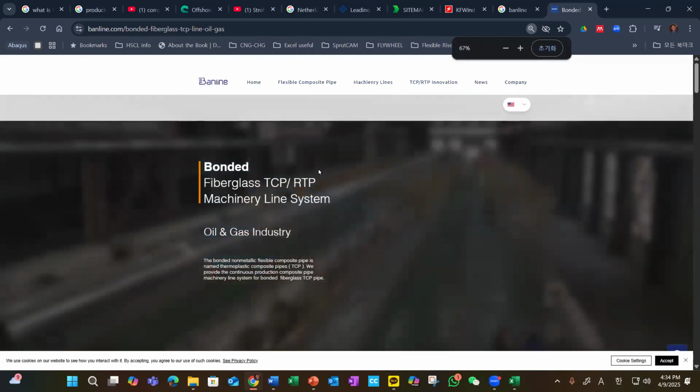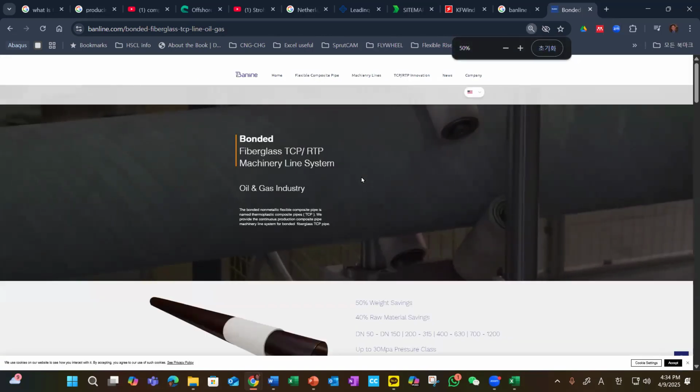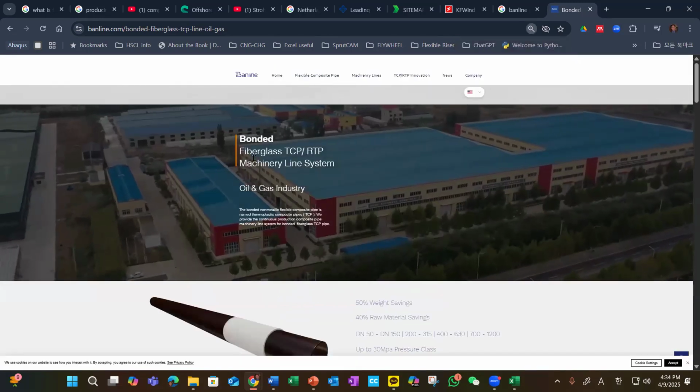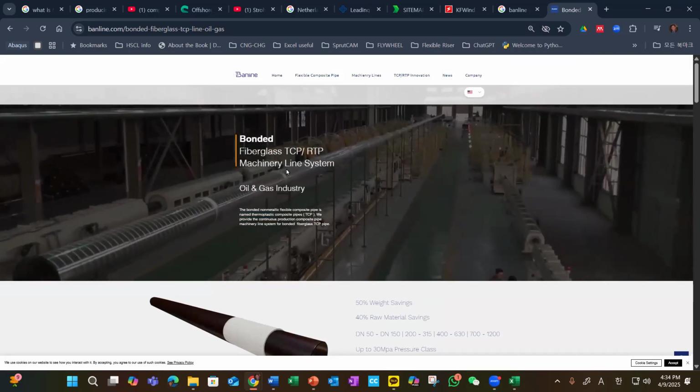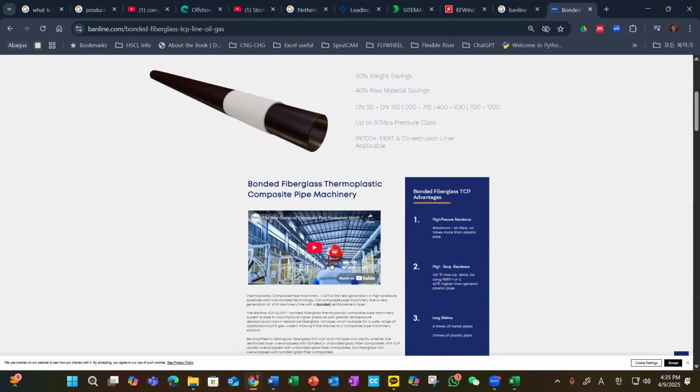So this is the one for the bonded type. Bonded means the solid pipe using glass fiber. Well, this is the oil and gas industry.